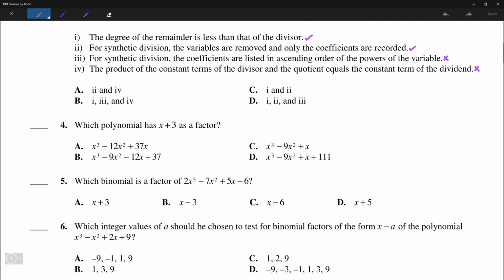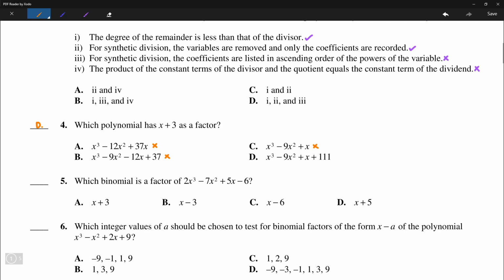As we can see here, this one has 0 as a constant, so that is not it. 37 is a prime number, so that's not it either. Here again, 0 is the constant, so that's not it. So the only choice that makes sense is D. And of course, 111 is divisible by 3.